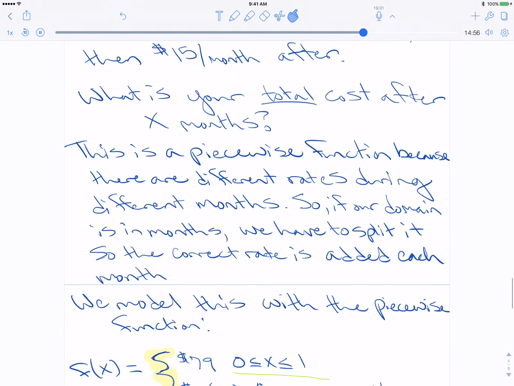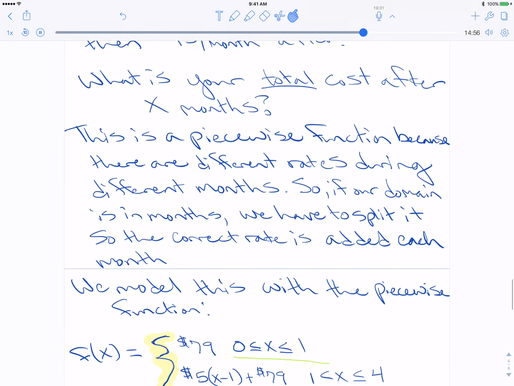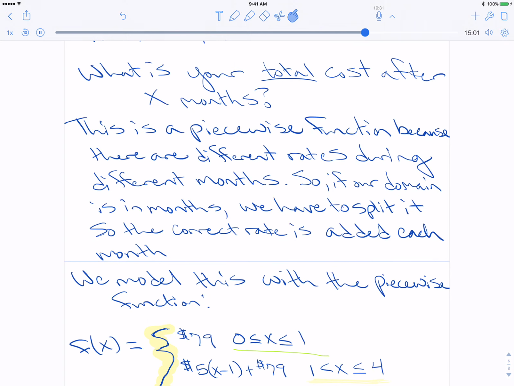Nothing else was added. After that first month has passed, right, so I'm saying when x is greater than 1, change color. So if x is greater than 1 but less than or equal to 4, because that's going to happen for 3 months, 1 to 2, 2 to 3, 3 to 4, on that domain, then I have the $5 per month, and I have the $79 that I've already spent, right?